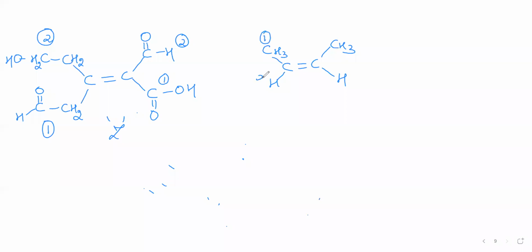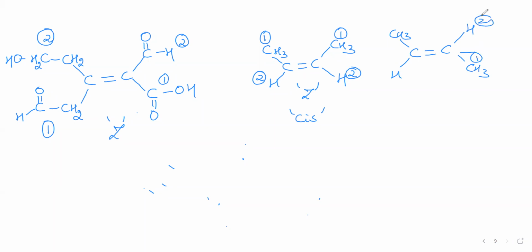Higher priority, lower priority. Higher priority, lower priority. So this is the Z configuration. But we also know that this is also the cis configuration because you have two same atoms. Okay. Its trans will have higher priority, lower priority, higher priority, lower priority, the E configuration.